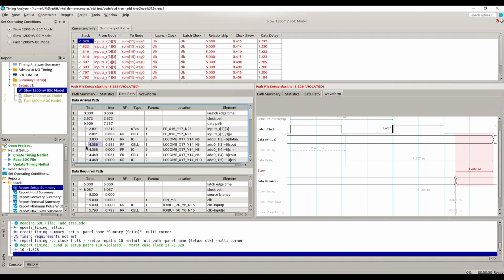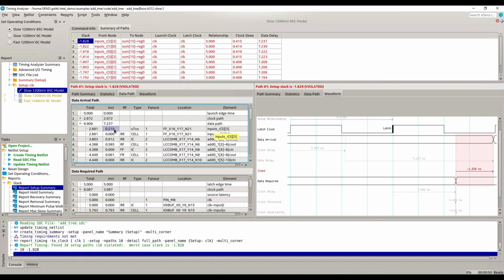So if we come up here and look at the data arrival path, so I minimized the clock path because, again, we don't really care about that right now. We can actually step through every single hop between these flip-flops inside of the FPGA. So right here, we basically see that the first delay is the clock to queue output time from this input flip-flop.